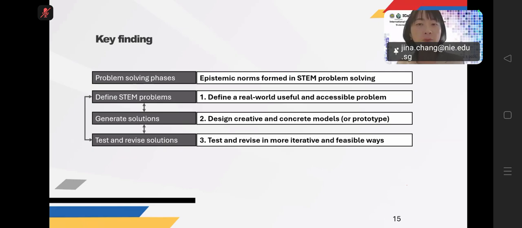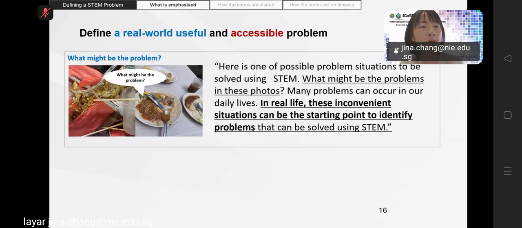Consequently, we found three main norms, one in each phase of STEM problem solving. Let me introduce each of them. The first norm is: define a real-world, useful and accessible problem.